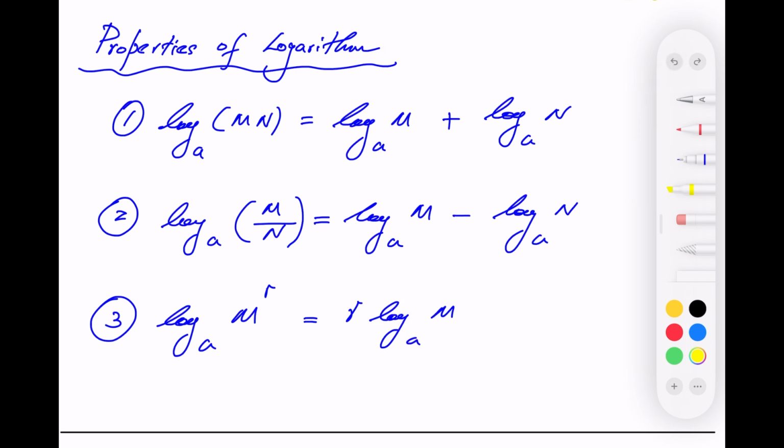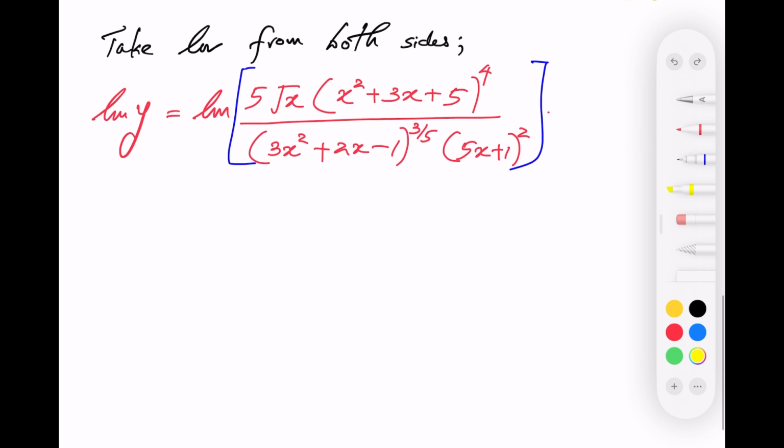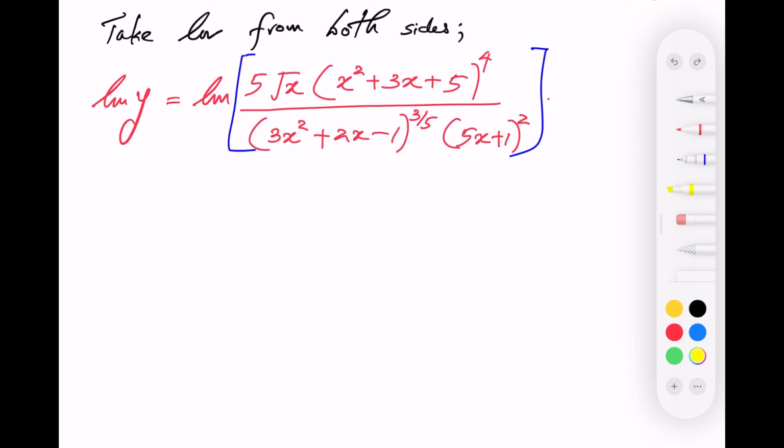So using those basic results, how do you simplify this equation on the right-hand side? Of course, on the left-hand side, I simply have natural logarithm y. And on the right-hand side, I can see that this is 5 times the square root times all of that.